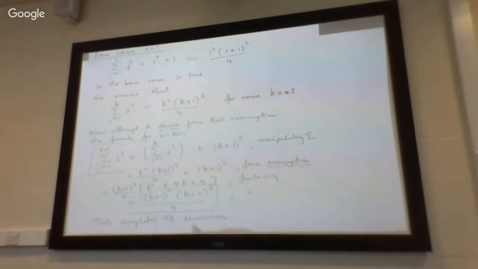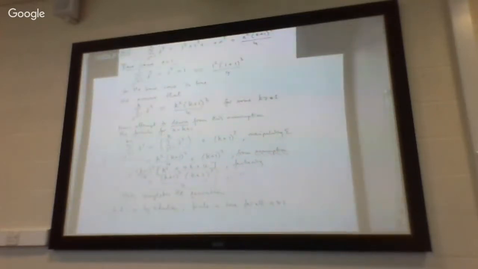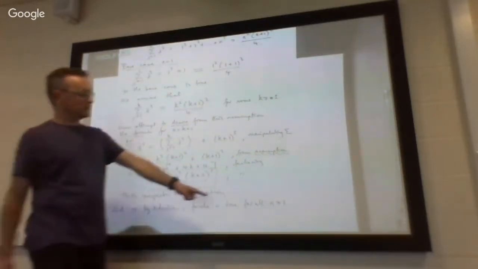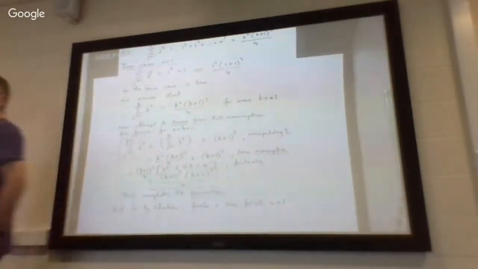And so by the principle of induction, the formula is true for all values of n greater than or equal to the base case. It's understood in the context that these are integer values of n. Right.